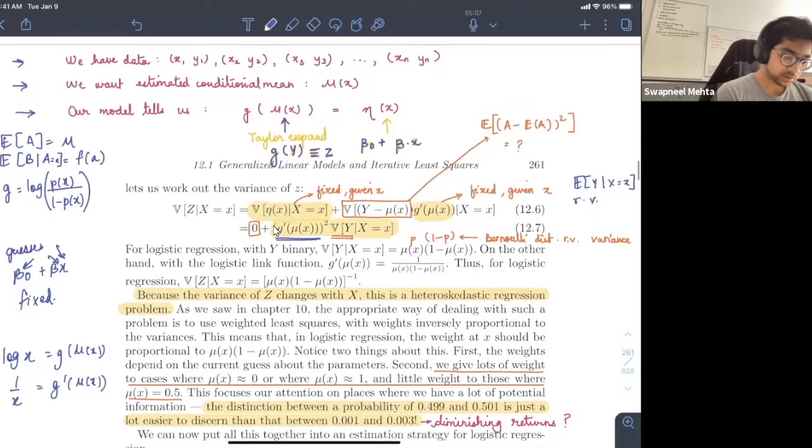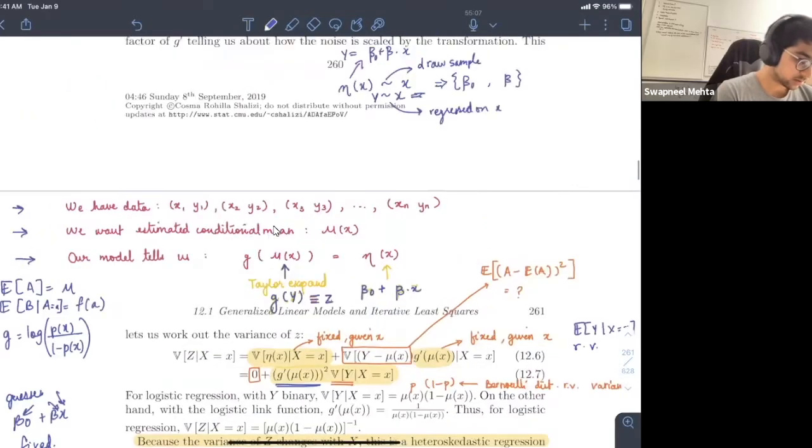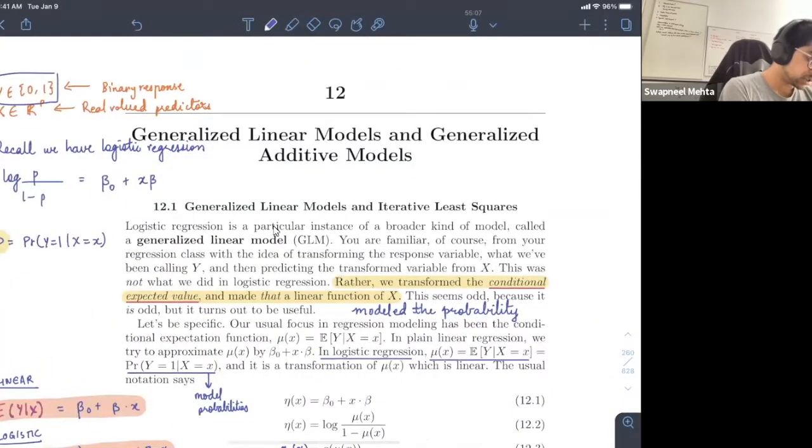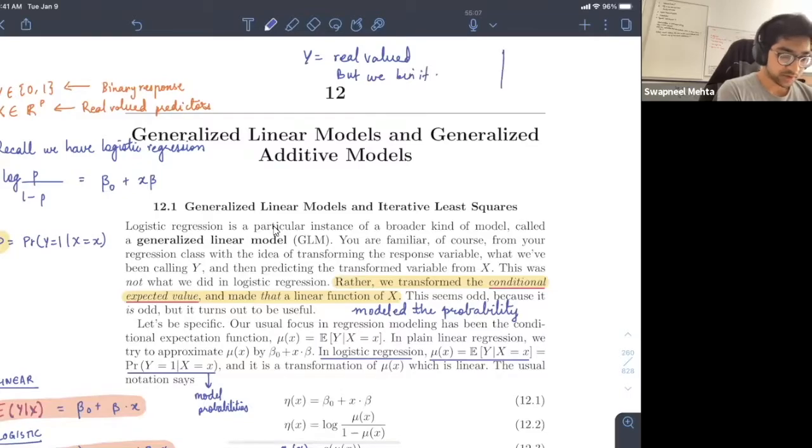Why does it depend? Because here we have said let's take y as 0, 1. In logistic, in reality, y might be real valued, right? But we bin it. We say, okay, we divide y into two intervals. Below this threshold, we'll give 0. Above this threshold, we'll give 1.